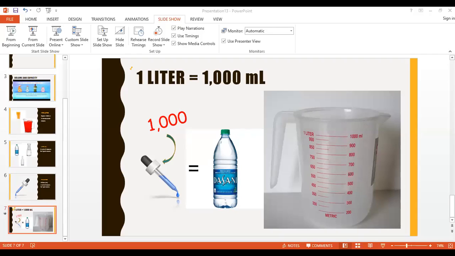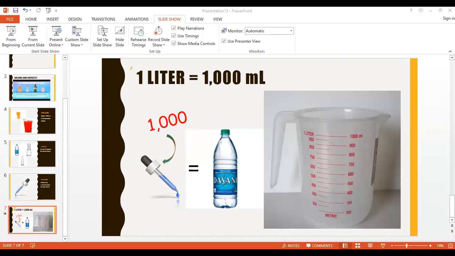So the direction says, measure the liquid volume in the beaker. So looking at this beaker, we see that everything is being counted in with 5s, okay? So let's go ahead and count the increments to find out the exact measurement of the liquid here.